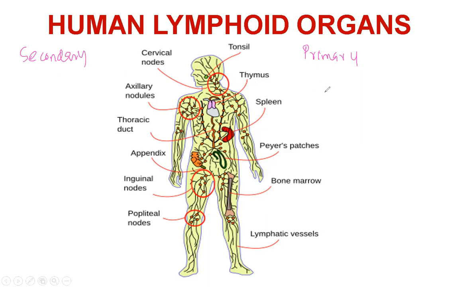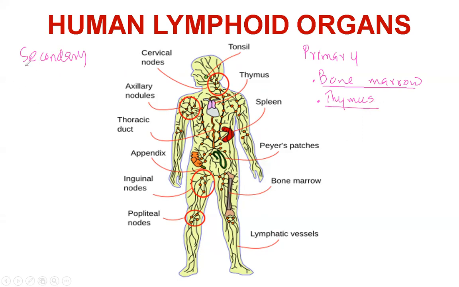Primary lymphoid organs are bone marrow. What's bone marrow? The tissue inside the bone. And the thymus. Thymus and bone marrow are the primary lymphoid organs. And what do you find in these places? You find immature lymphocytes, and they differentiate into lymphocytes.